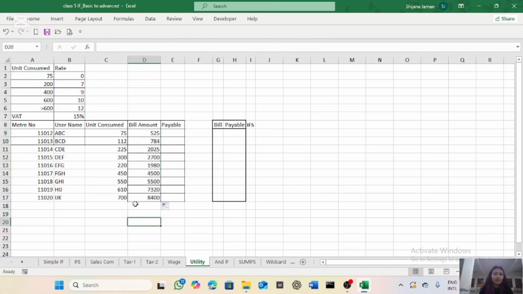Yes, this is our bill amount of our entire users.